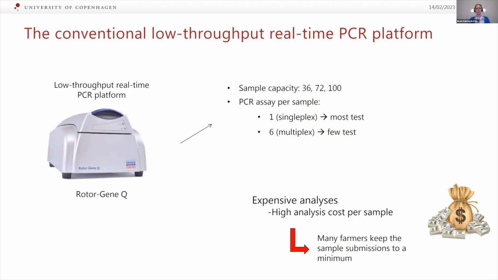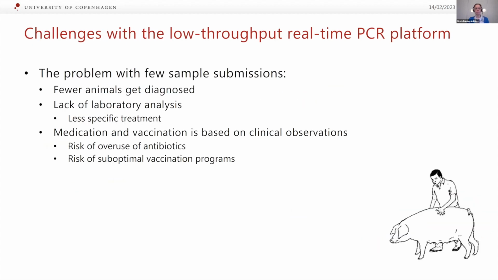When using this low-throughput real-time PCR platform, the analysis cost per sample is quite high due to the use of expensive reagent, and this high cost per sample had led many farmers to keep their sample submission to a minimum. Reduction of sample submission also means reduction in laboratory analysis, which leads to fewer animals getting diagnosed.